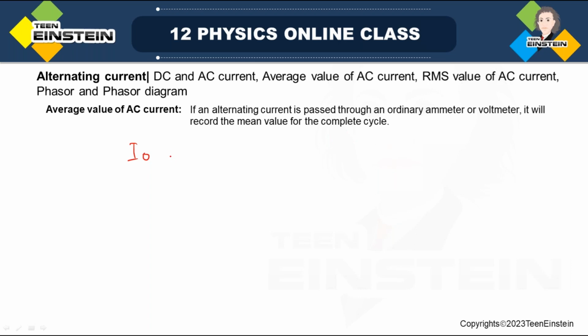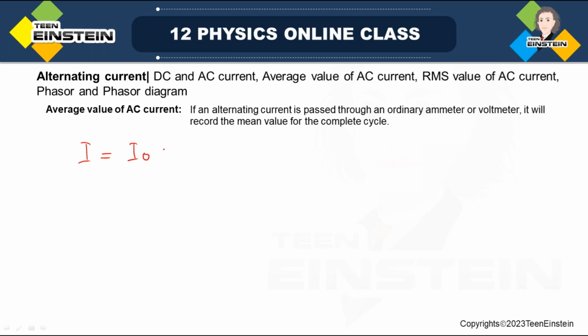But there are ways to define the average value of alternating current or voltage. What is the way? Let me tell you.